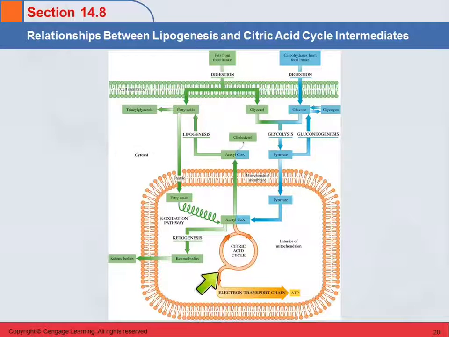Remember, the citric acid cycle provides electrons for the electron transport chain and generates ATP. Fats get digested. Glycerol is one part, that's the backbone of the lipid. That can enter into glycolysis, or it can be used to form glucose.